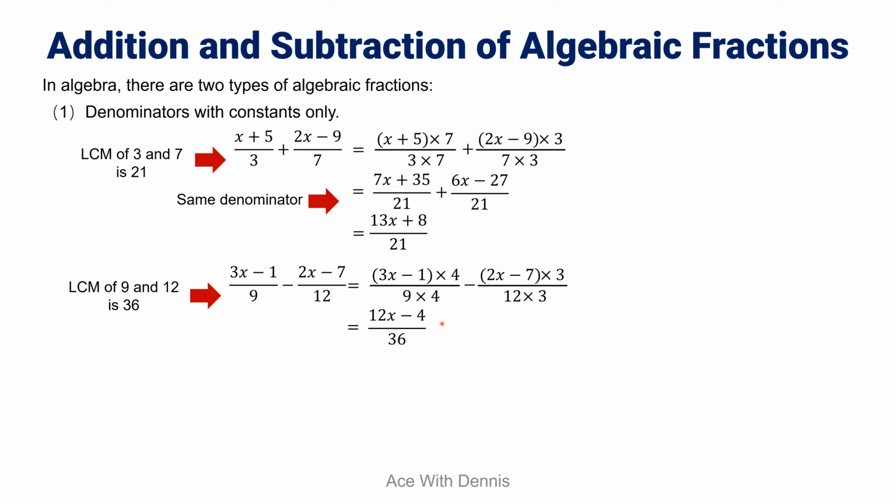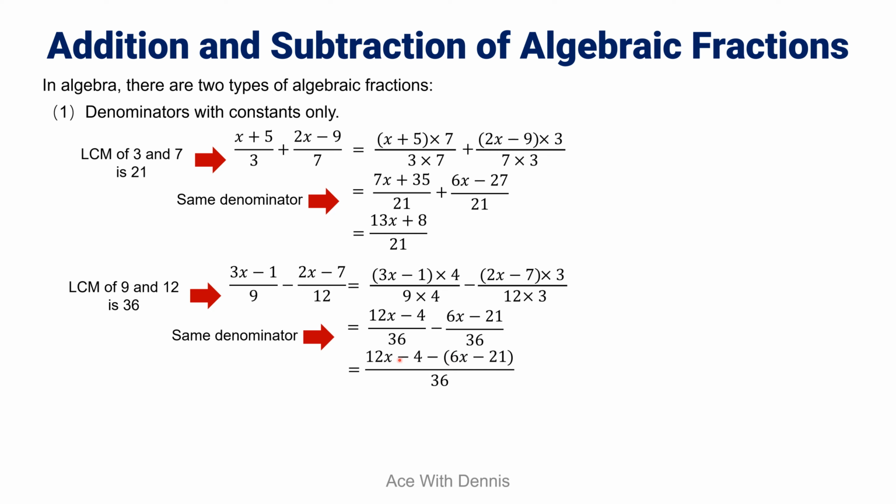After that, we expand the brackets. We have 12x minus 4 over 36, then minus 6x minus 21 over 36. Now both fractions have the same denominator, so we move on to perform the subtraction, but in this case you have to be careful. The second fraction has a positive and a negative term.